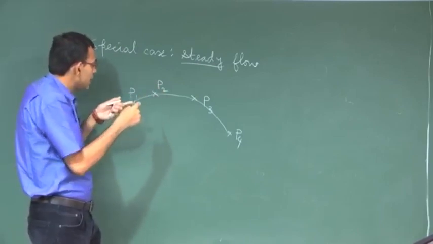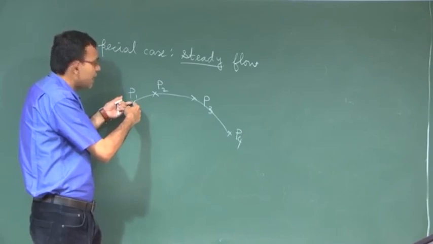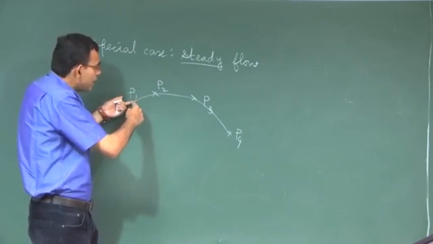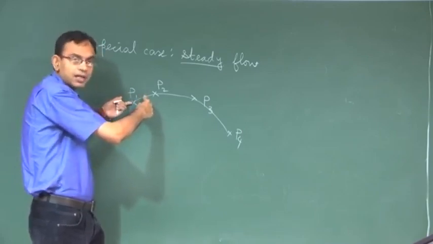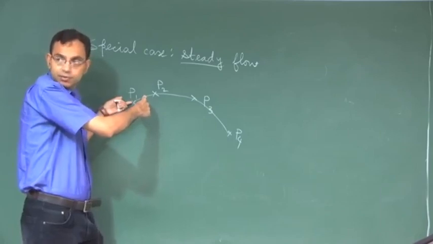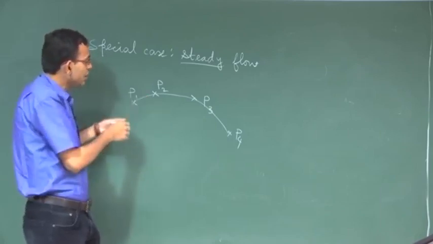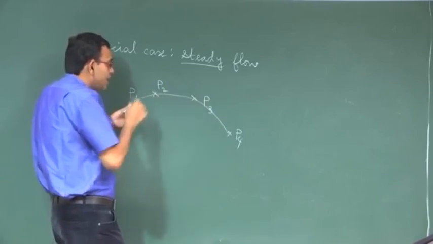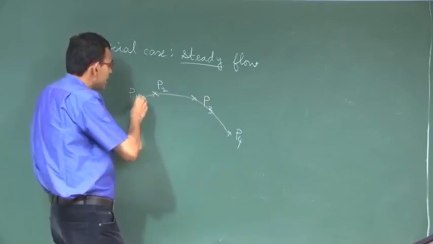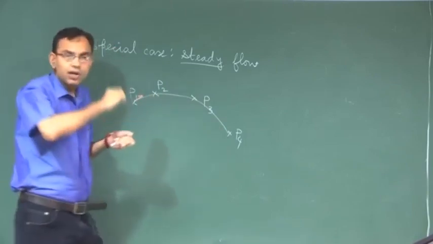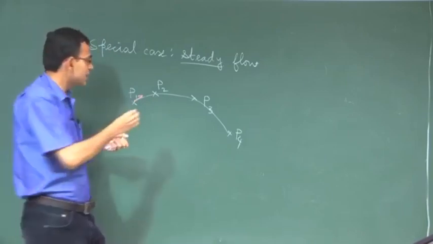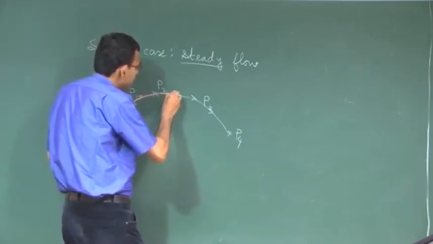So, when there is a particle which is here at whatever time, that will be guided in the same way as the particle was guided maybe a few minutes before. So, this line will be such a line where tangent to this line will always represent the velocity of the flow. So, this line also becomes the streamline.